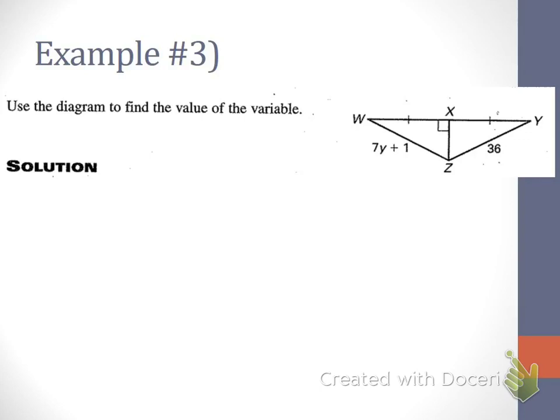Example 3, use the diagram to find the value of the variable. This one is a little different in the setup, though it won't really be a whole lot different in how we do it. On this one, we don't have any angle bisectors because none of our angles are marked as being congruent. We do have a perpendicular bisector because we have the right angle, so we know it's perpendicular, and we've got these congruent marks.